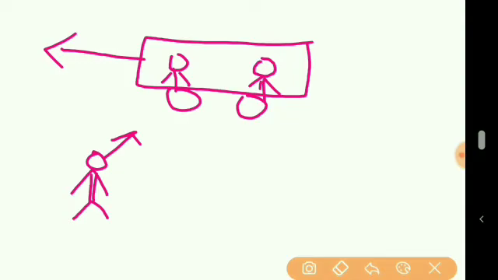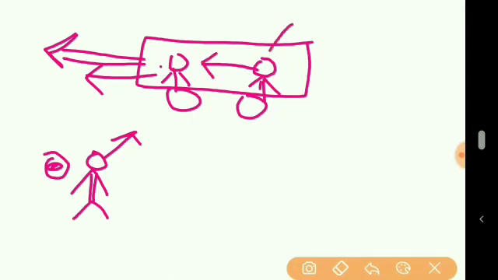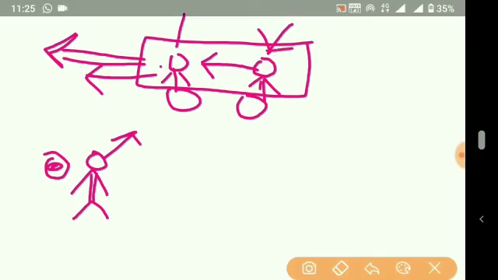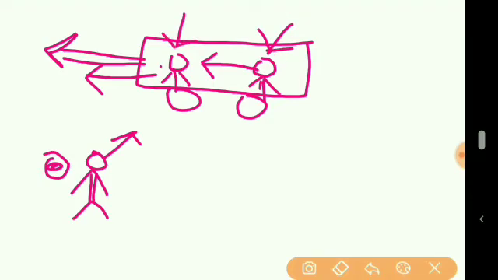So, when the train is in motion, for the person standing on the platform, this person is in motion. But at the same time, if this person is observing the first person, then for him the person is not in motion. So from where the observation is taken is very important.